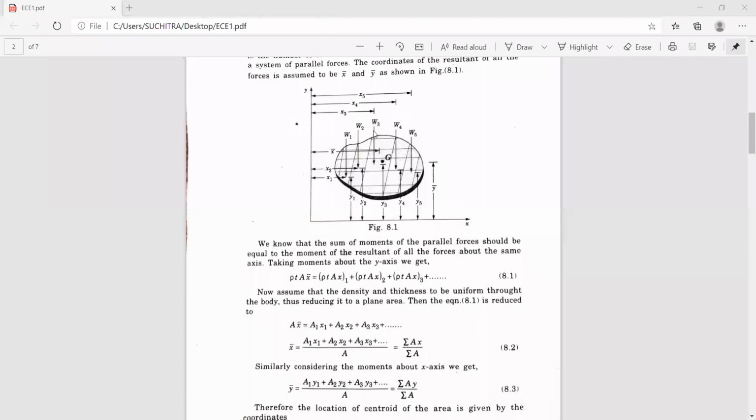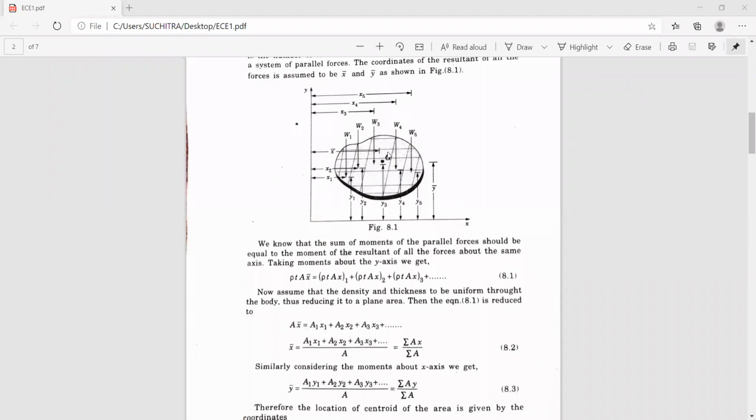Each element constitutes a certain weight which acts at the center of that elemental area, and the corresponding distances with respect to the x and y axes are x1, y1, x2, y2, and so on up to xn and yn.